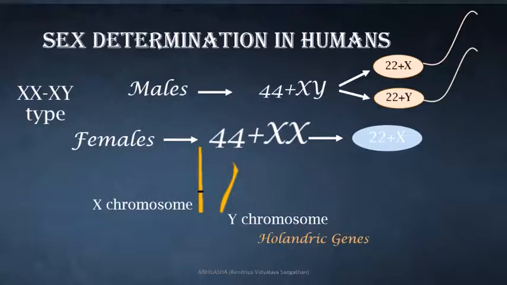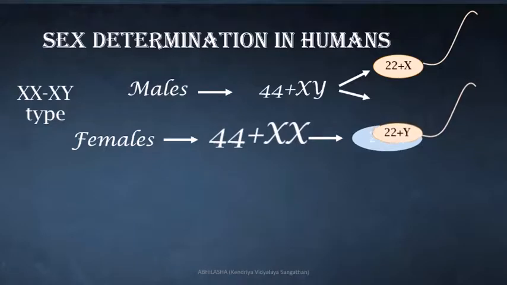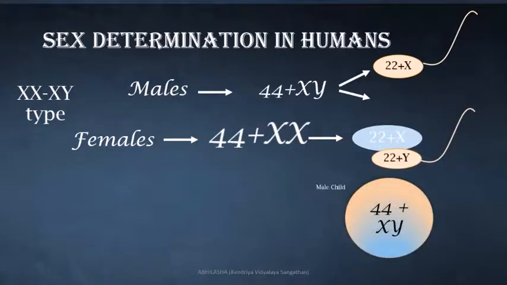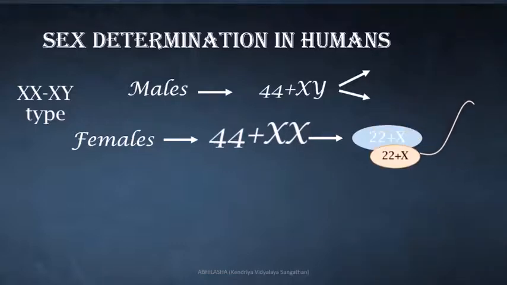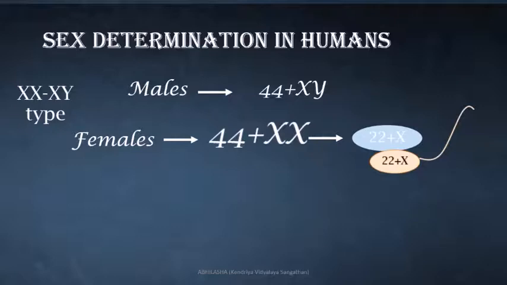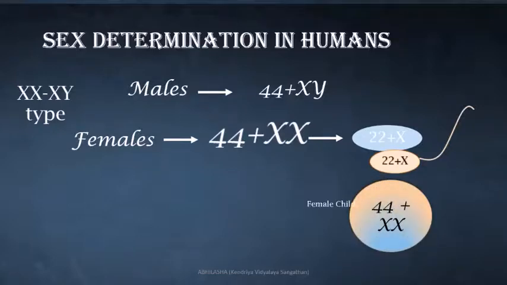Now, a male child is born if a sperm with Y chromosome fertilizes the egg. A female child is born if a sperm with X chromosome fertilizes the egg. So you can see here that whether the child born is male or female is dependent on the sperm.